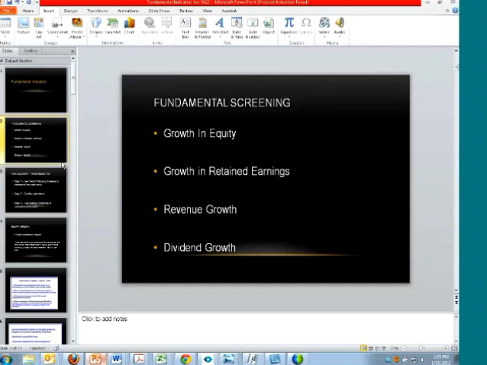That's always a good sign if a company's healthy and growing its earnings. I like to check the growth in retained earnings, and then I like to just verify those two growth rates with the revenue growth. And we'll look at that in a minute. And also, we use dividend growth. That's another great fundamental indicator, and we use the dividend growth for our dividend portfolio.